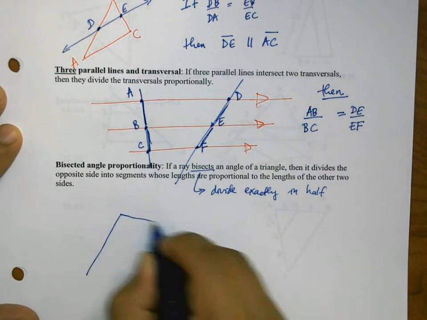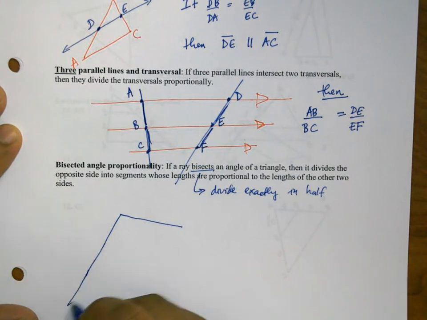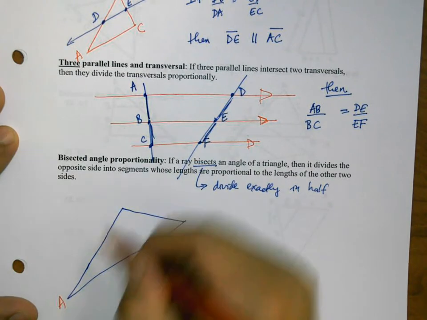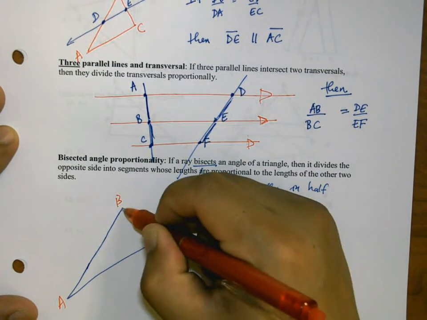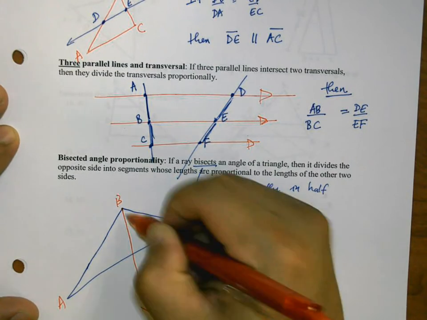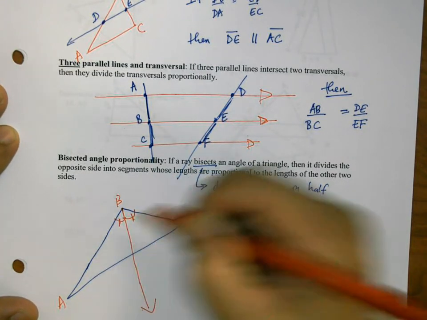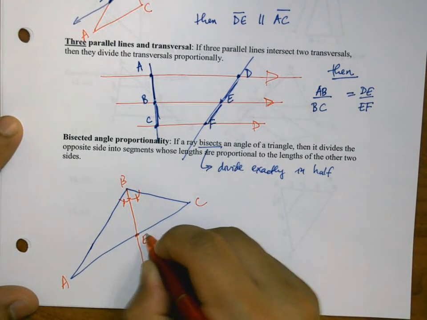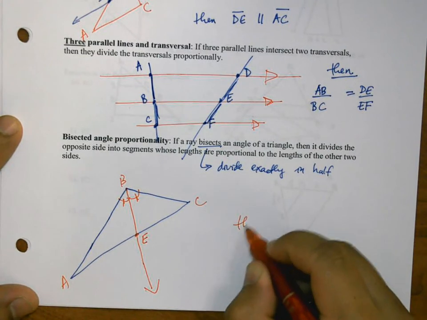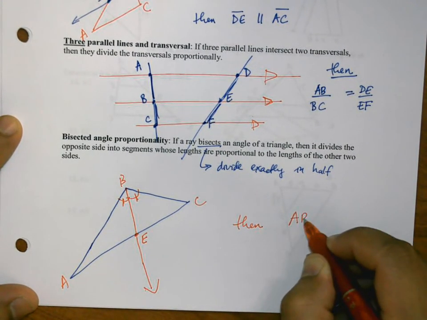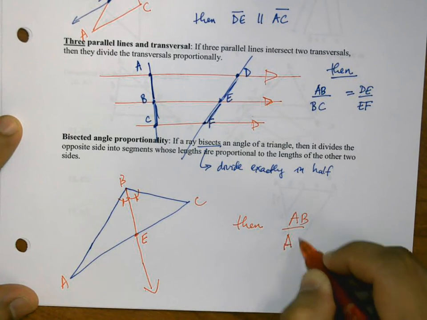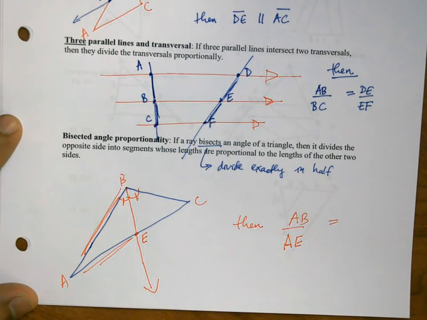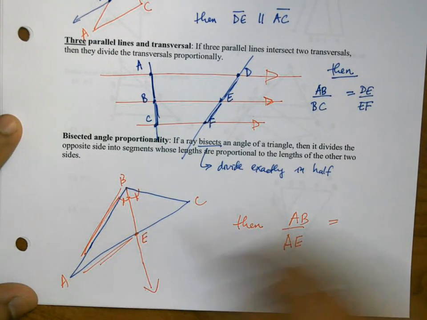So say I have some triangle, and this doesn't have to be any special type, just any regular triangle, and then I have a ray, let's say this is ABC, a ray that goes through here and cuts this angle in half. Okay, that's what it means to bisect, and I would name this point here E. Okay. Then what we can conclude is AB over AE, so looking at this length and this length, that is equal to BC over EC.